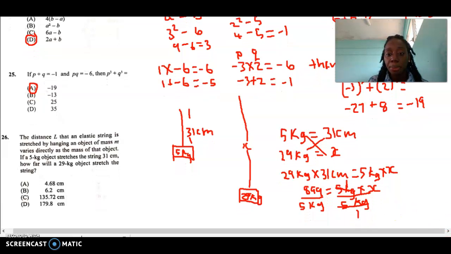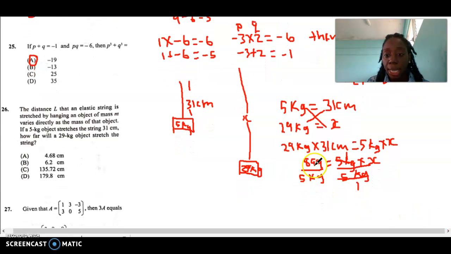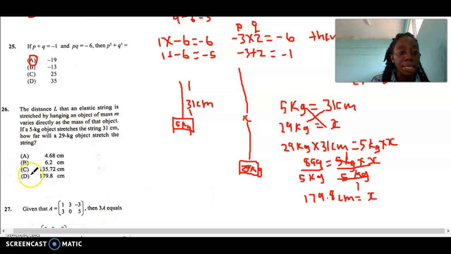So I can simply say now that 899 divided by 5 kilograms is going to give me 179.8 centimeters, and that is going to be the length of the string. So my answer is D.